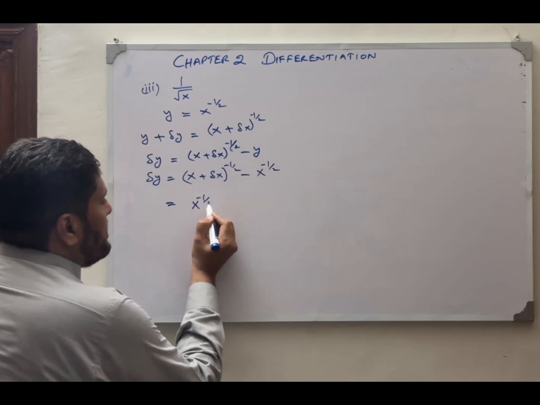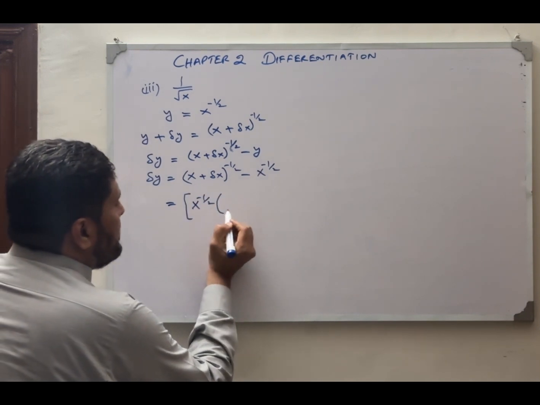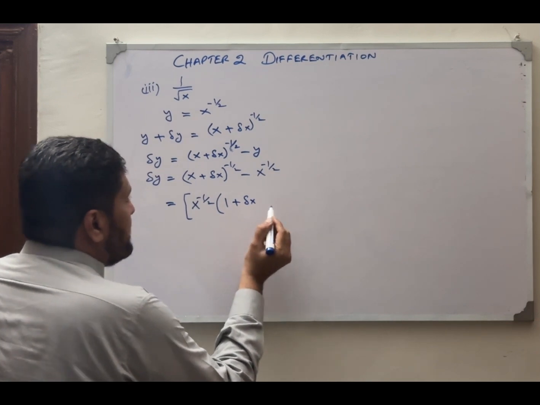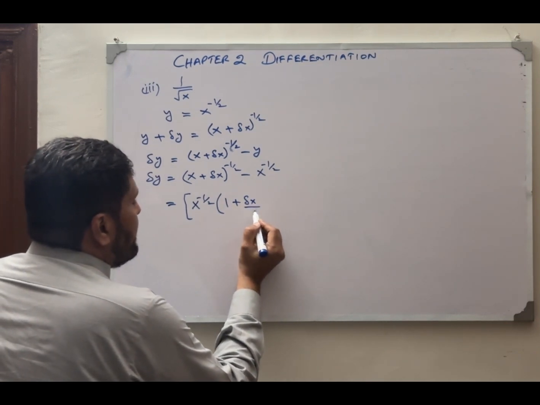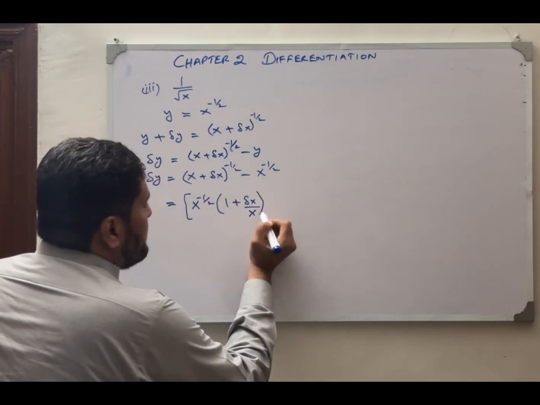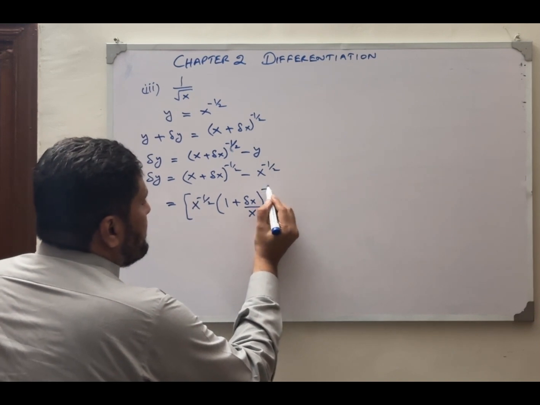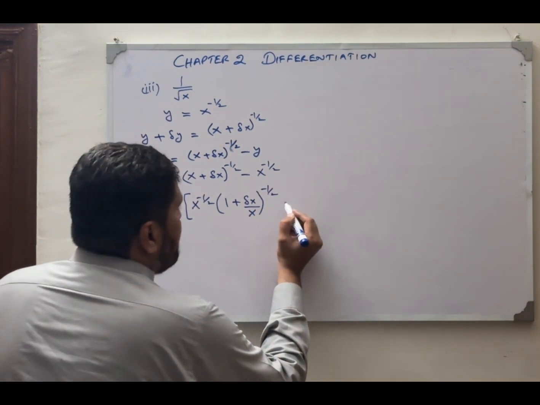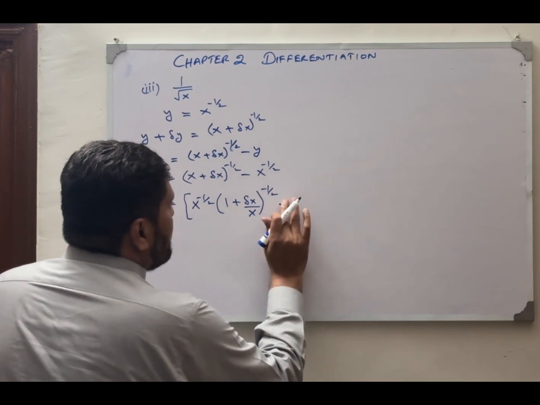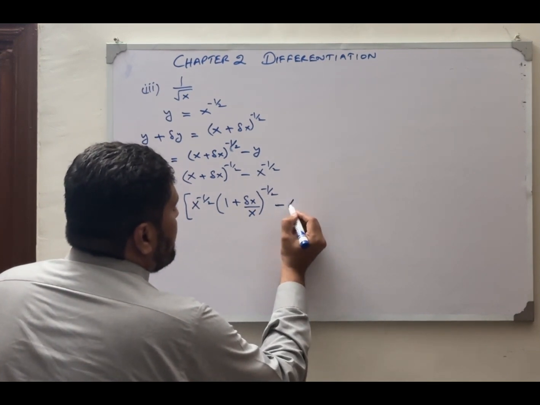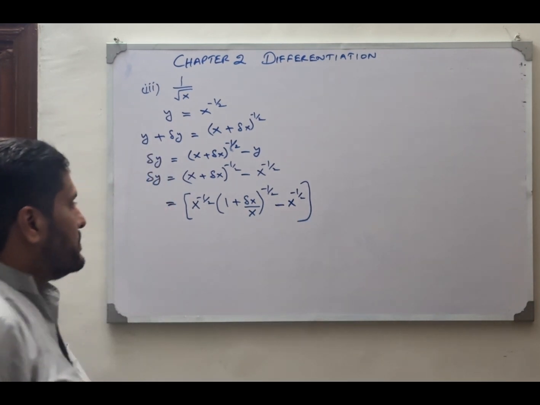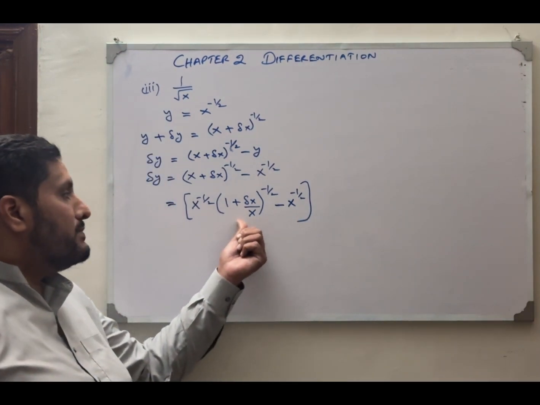So x power minus 1 by 2 into 1 plus delta x whole divided by x power minus 1 by 2, and minus x power minus 1 by 2. So this term is multiplying with this term.